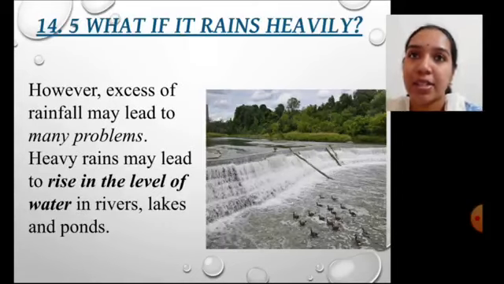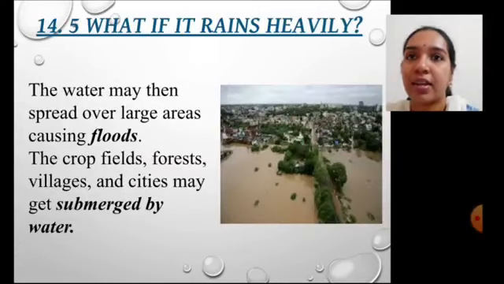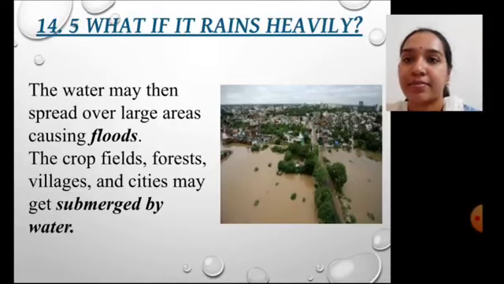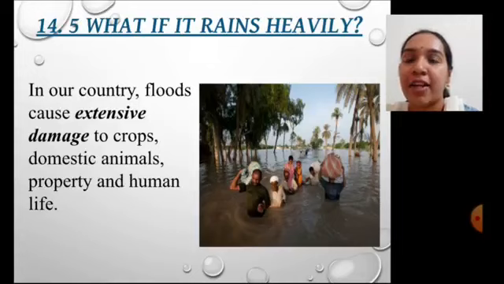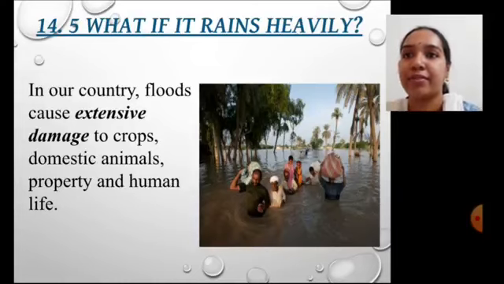Heavy rains may also lead to a rise in the level of water in water bodies like ponds, lakes, rivers, etc. This will lead to submerged land areas, which is called floods. Floods will cause huge damage to crops, domestic animals, property and human life.